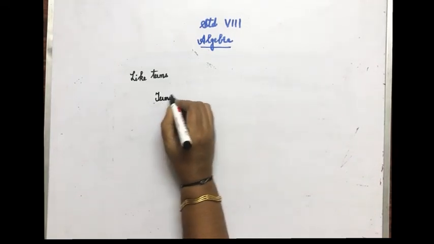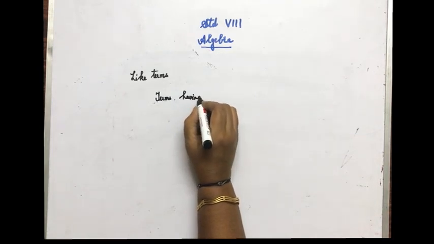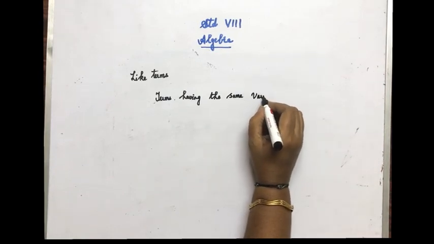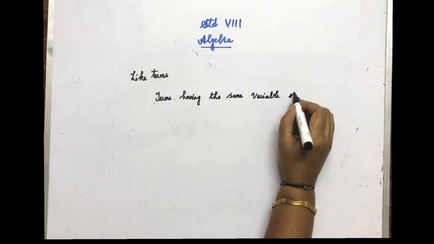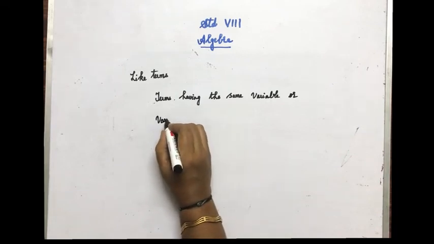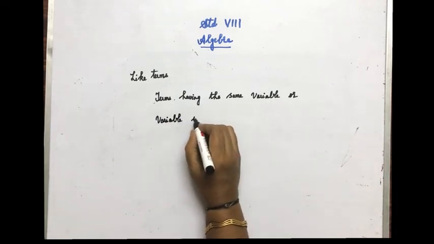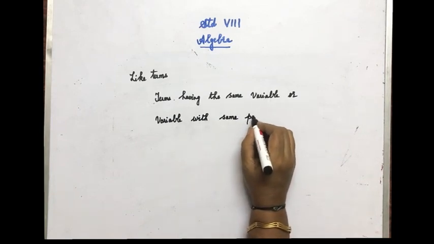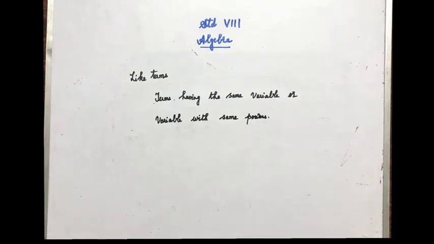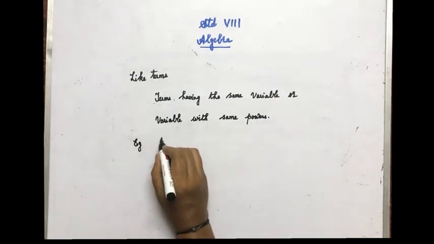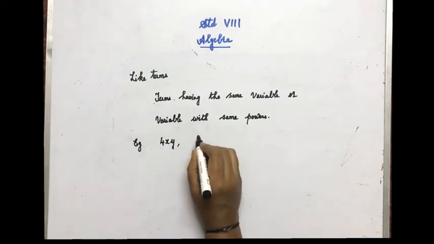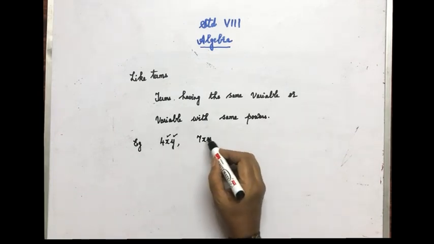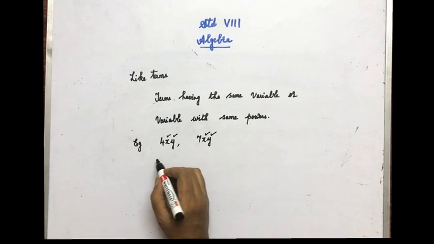Terms having the same variable or variable with same powers are called like terms. Now for example, 4xy, 7xy. What are the variables given here? xy. Here also xy. So these are like terms.